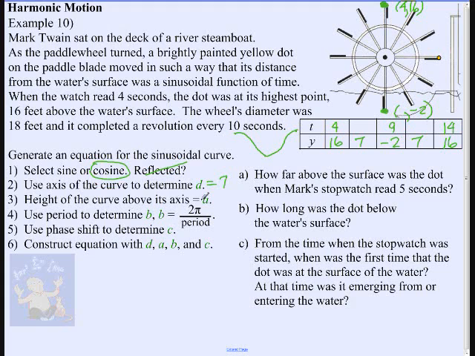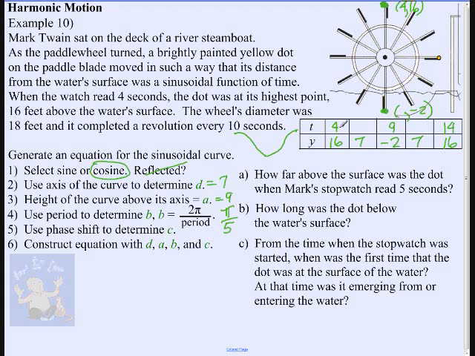The height of the curve above its axis is 9, and it's not reflected, so it's going to be positive. What is our period? It's 10, so that's going to be pi over 5, isn't it? 2 pi over 10, pi over 5.